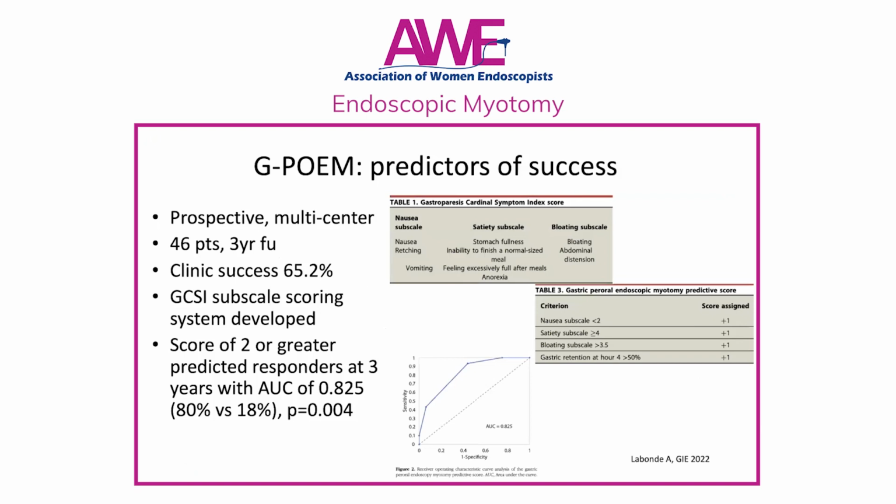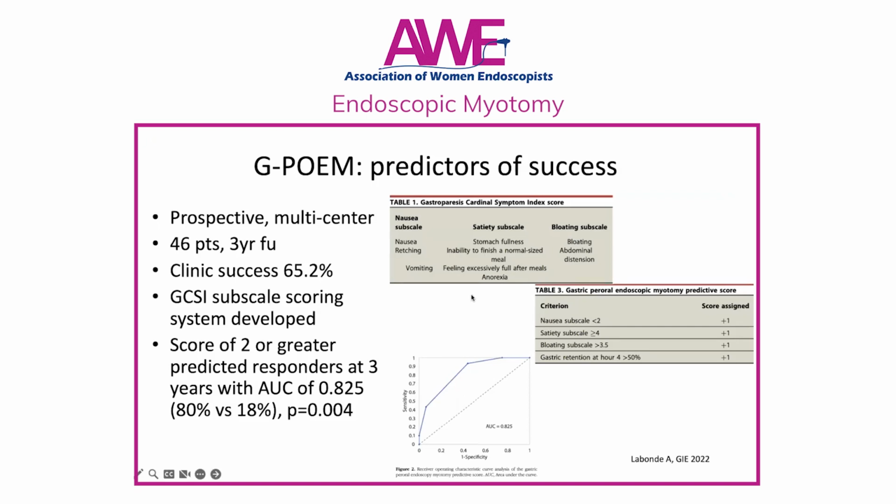Another study that looked at predictors of success was this multi-center prospective study out of Europe that followed 46 patients for 3 years and found that overall the clinical success was 65%. They tried to come up with their own scoring system to predict success.